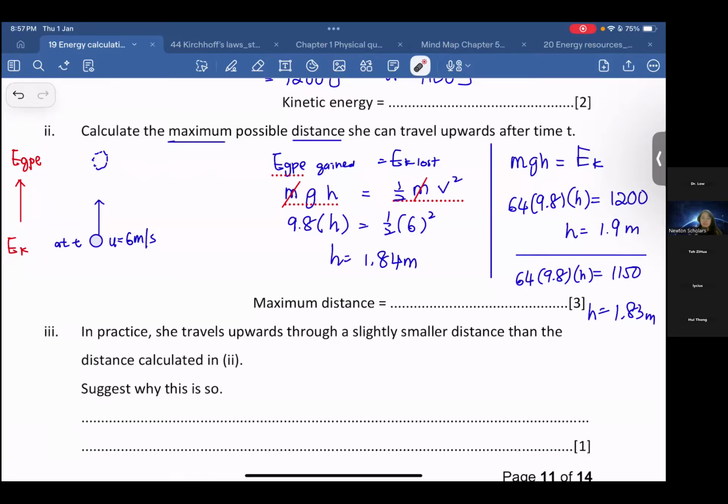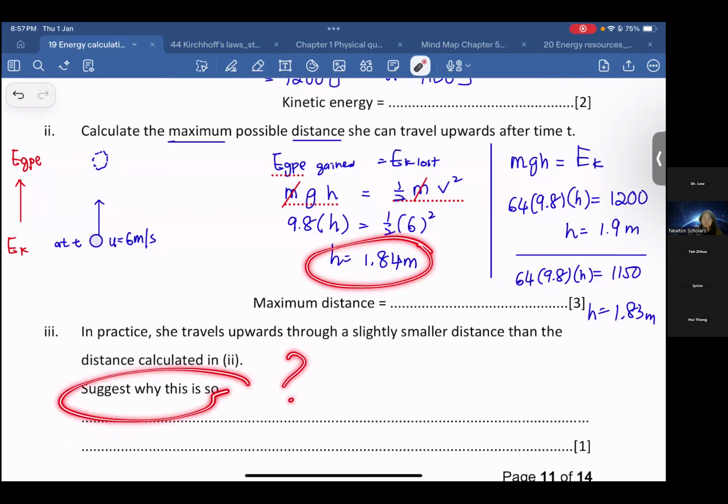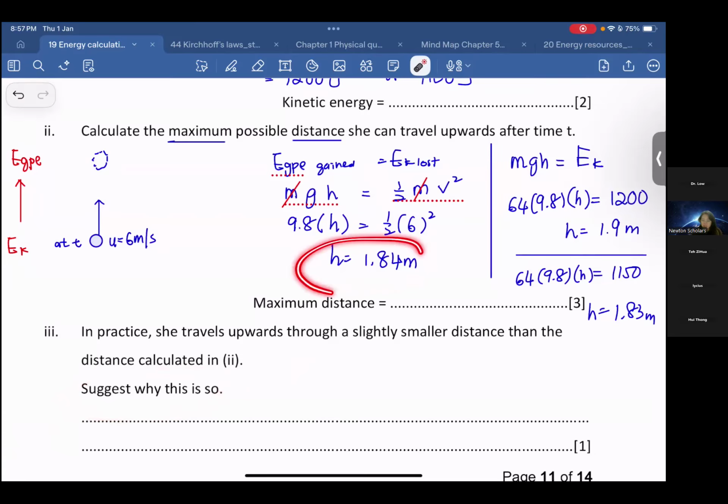But at the end, in practice, we measure and find out that maybe it's only 1.6 meter. It's a slightly shorter distance than what we calculated here. Can you explain why? Why is the distance less than the calculation? Why? What's happening? Correct. Angeline, correct?